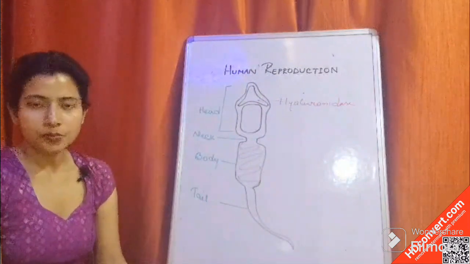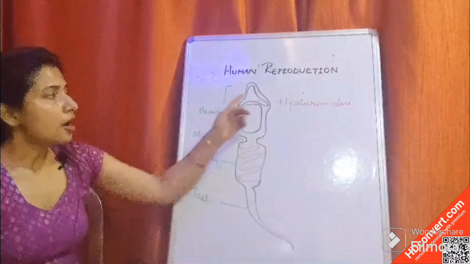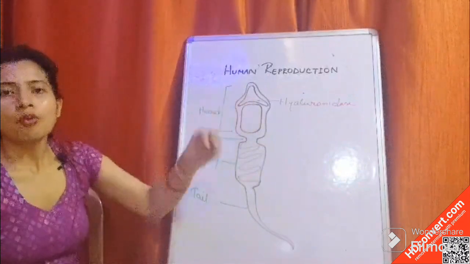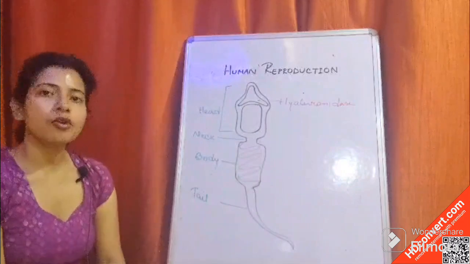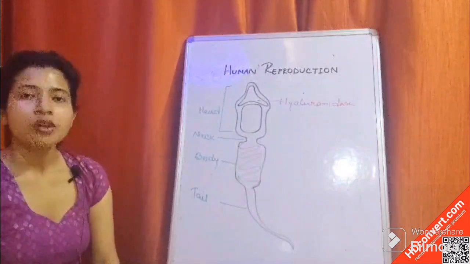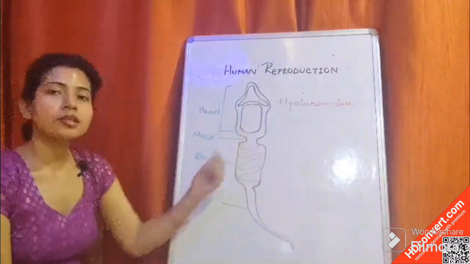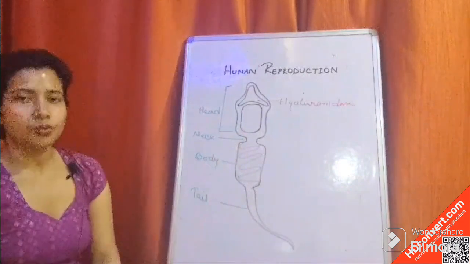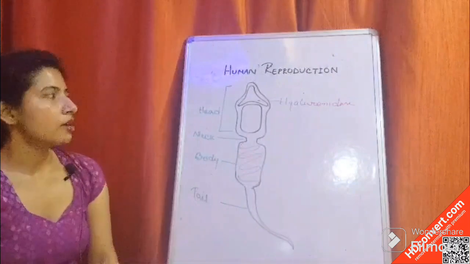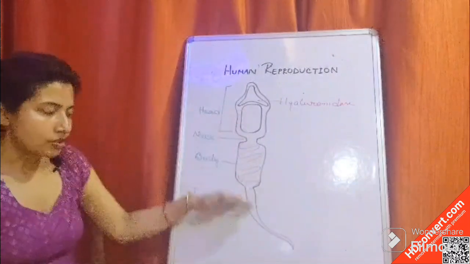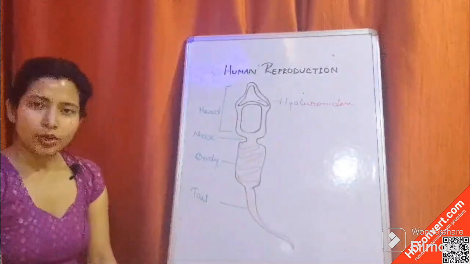During fertilization of sperm and egg, this hyaluronidase enzyme is poured onto the egg, which helps in the destruction of the barriers in the egg to reach the sperm nucleus up to the egg nucleus. So we will discuss this enzyme in a later class. Now this is the entire structure of human sperm.